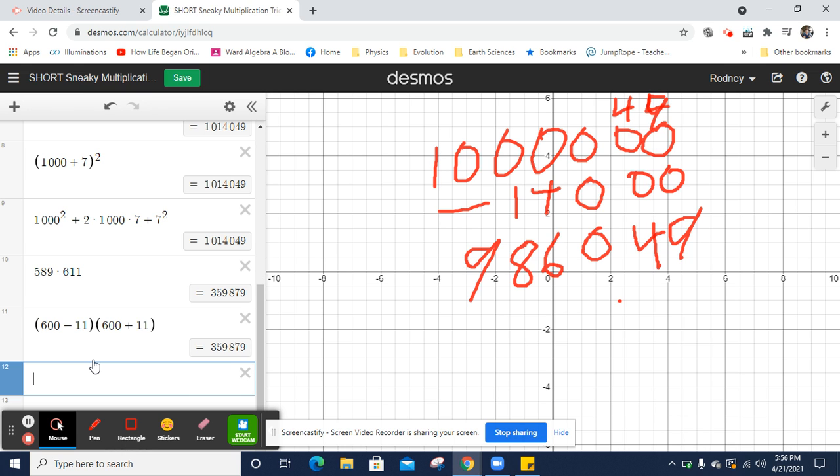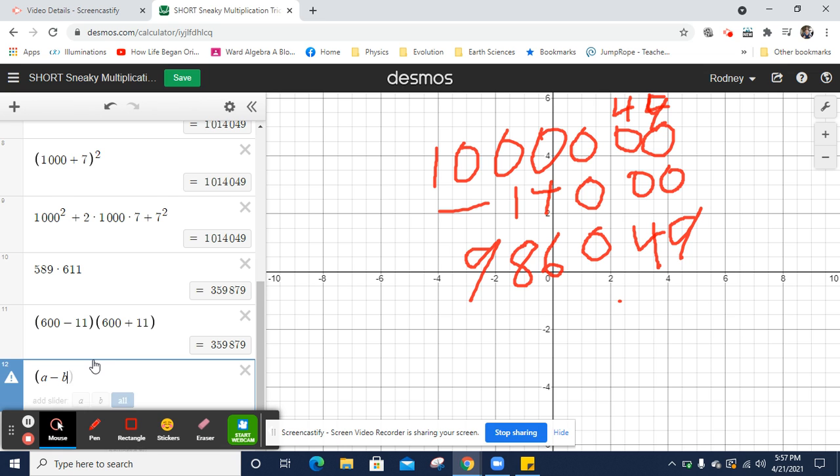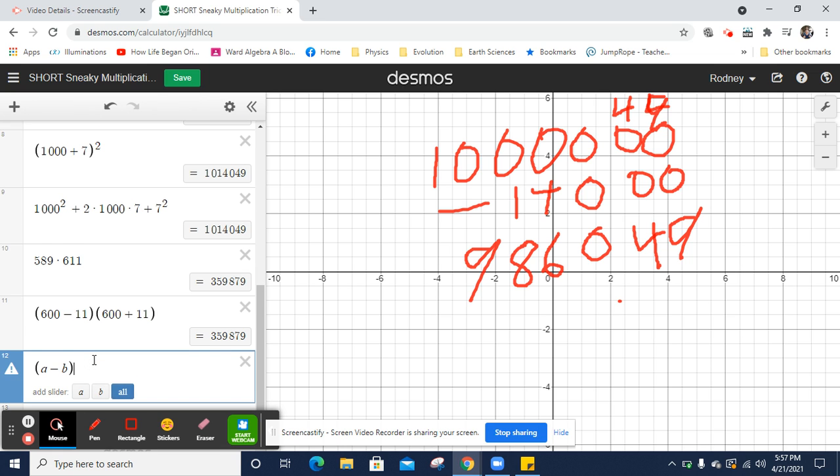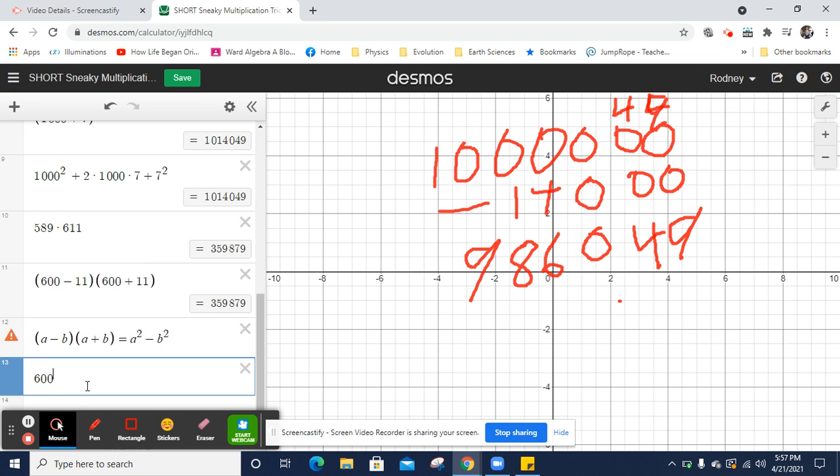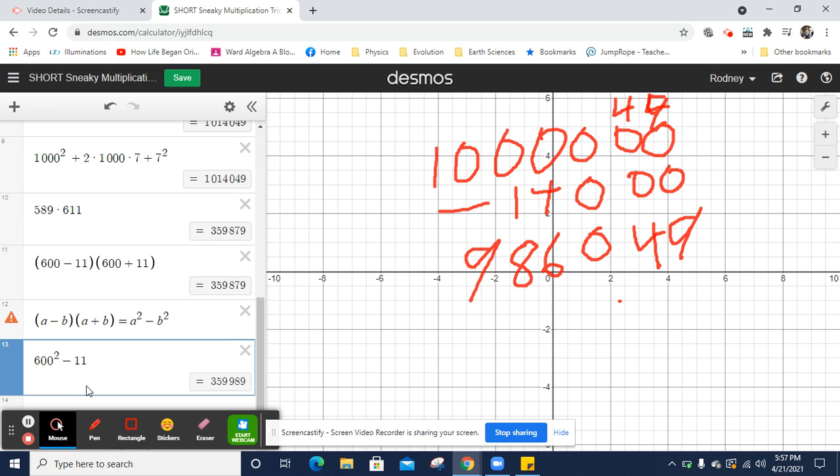Then I'll end up using the difference of squares structure, which, if you recall, is that a minus b times a plus b gives a squared minus b squared. So I'll just put that all together. This is the 600, this is the a minus b, this is the a plus b. So I'm going to just square this, and I'll square this, and I'll subtract them. So that'll be 600 squared minus 11 squared.